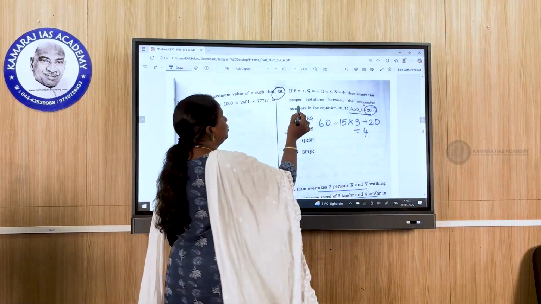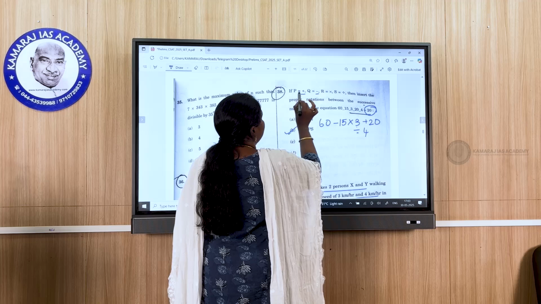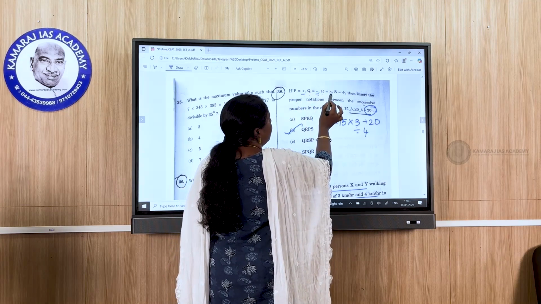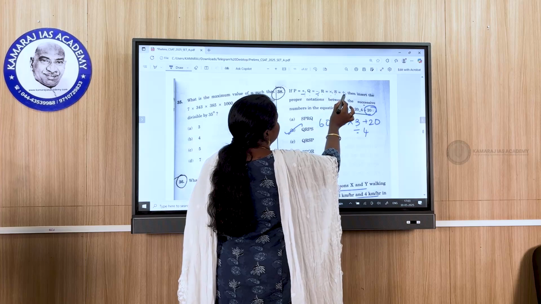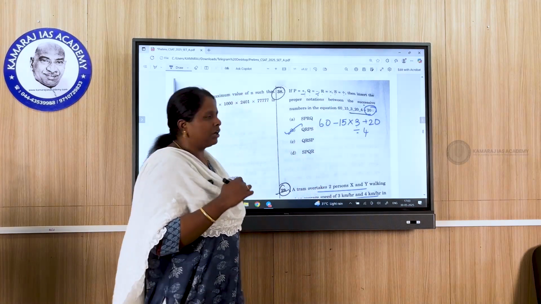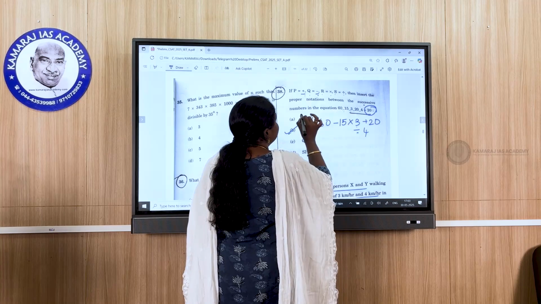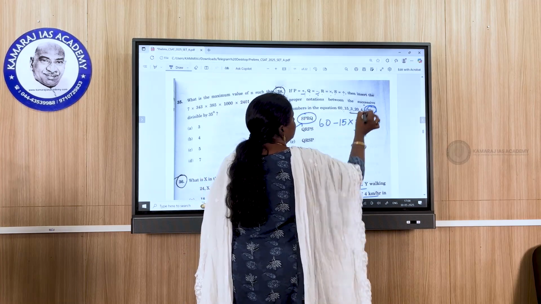You have to substitute the symbols here. For P, I have to substitute plus. For Q, minus. For R, multiplication. And for S, division. If I substitute SPRQ between these numbers, I will not get the answer as 20.